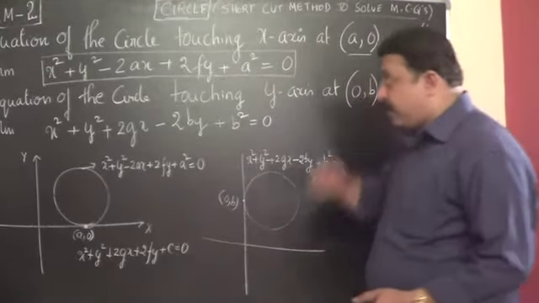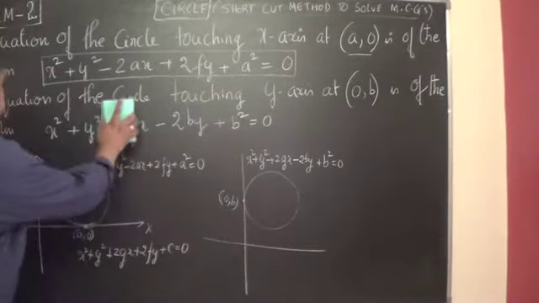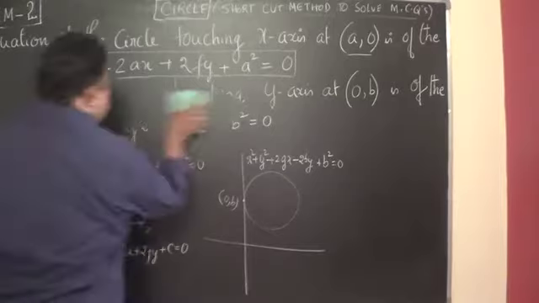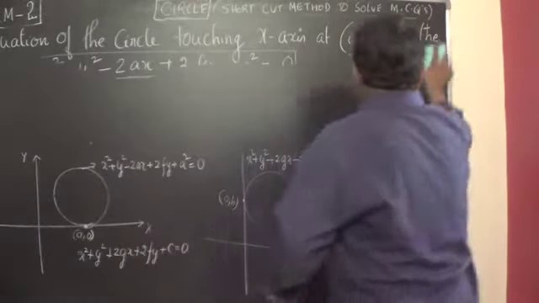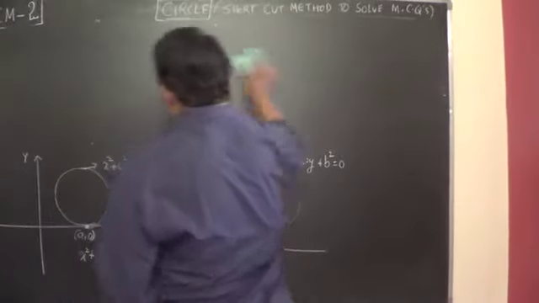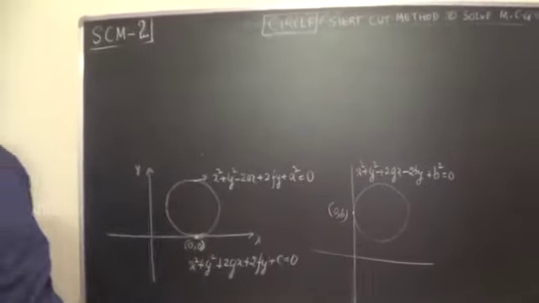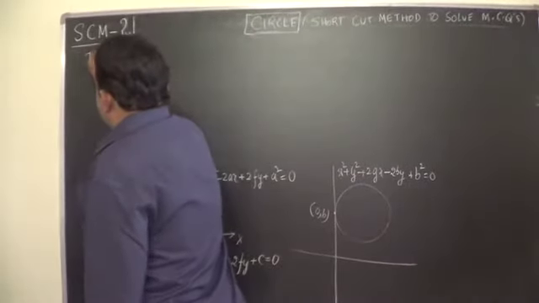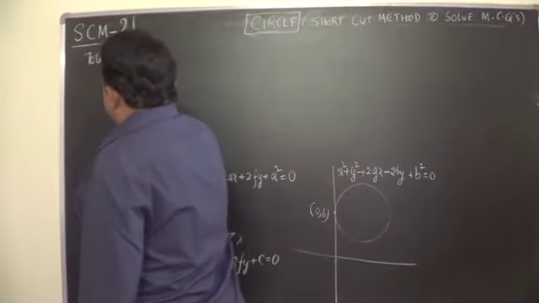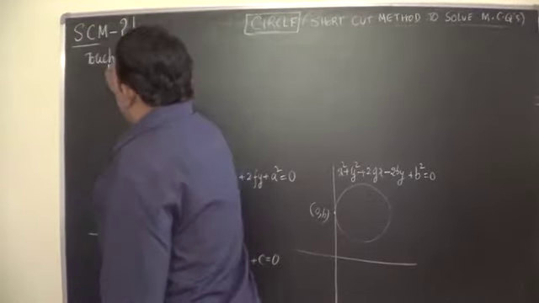For the sake of illustration, let me take one problem which was asked in one of the examinations. You have to find the equation of the circle which touches the x-axis at the point 3 comma 0.